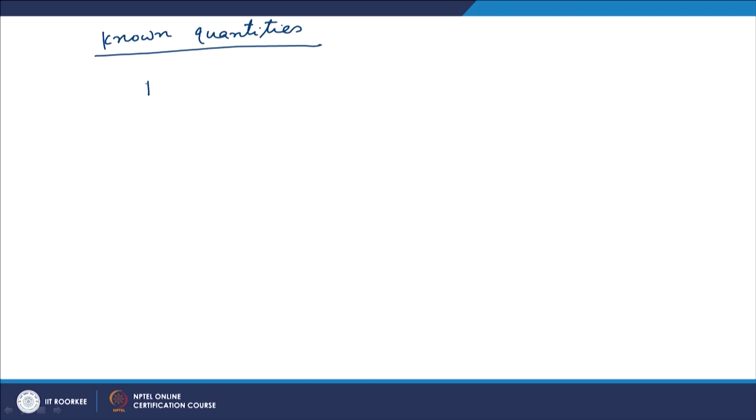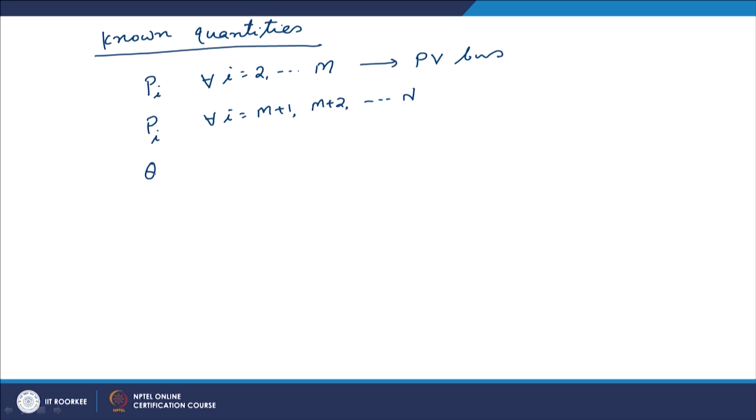We have P i known for all i equal to 2 to m. This is for the PV buses. And for the PQ buses, P i is known for i equal to m plus 1, m plus 2, to n, and Q i is also known for i equal to m plus 1, m plus 2, to n.